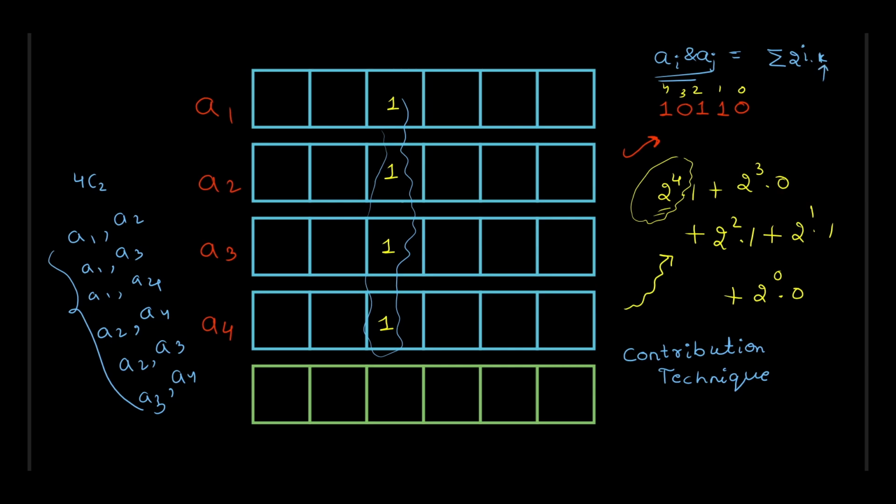So this means that there can be 4C2 choices in which this bit will be set.